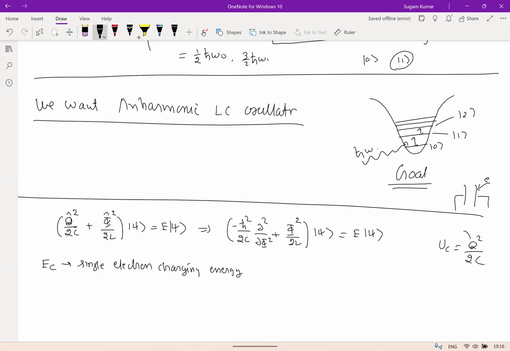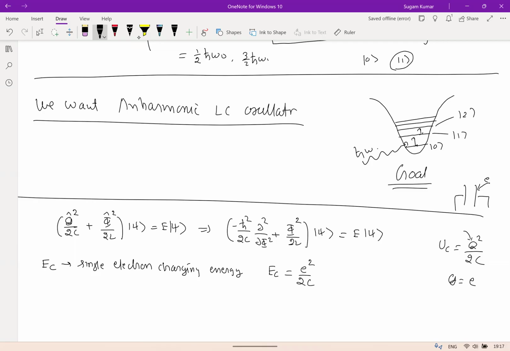This is the energy of the capacitor when you store Q amount of charge. But here, if Q is only a single charge, let us say E, then this UC simply becomes the EC, and the equation becomes E square by 2C.